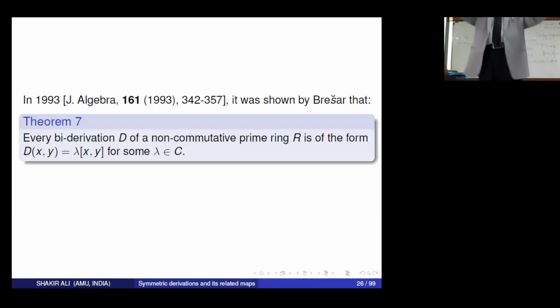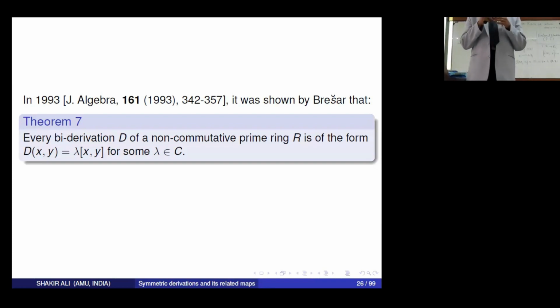That means you have a class of non-commutative prime rings. He proved every biderivation on a non-commutative prime ring is of this form: d of x, y equals lambda times [x, y]. What is lambda? Lambda is in C. Here C means the centroid of the prime ring.